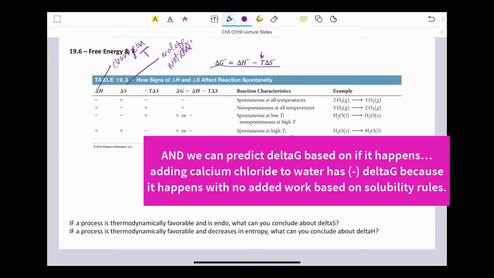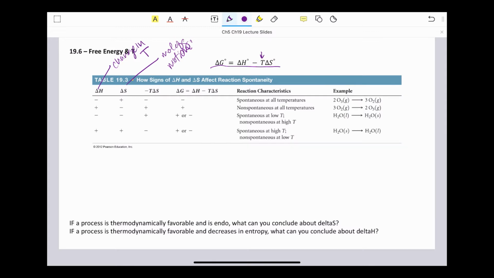You're never going to write an answer where you deduce the sign of delta H by saying bonds are broken. For every reaction where a reactant forms a product, there are always bonds broken on this side, and always bonds formed on the other side.